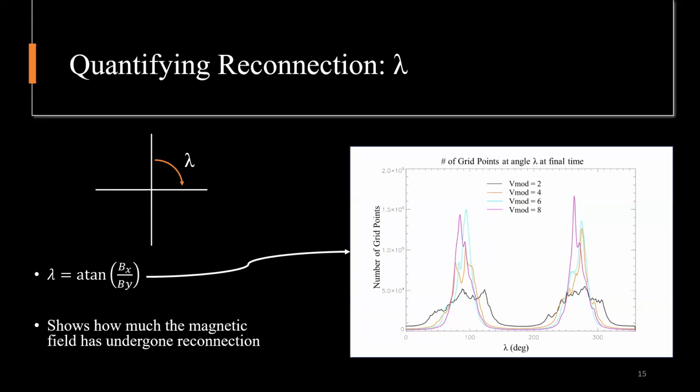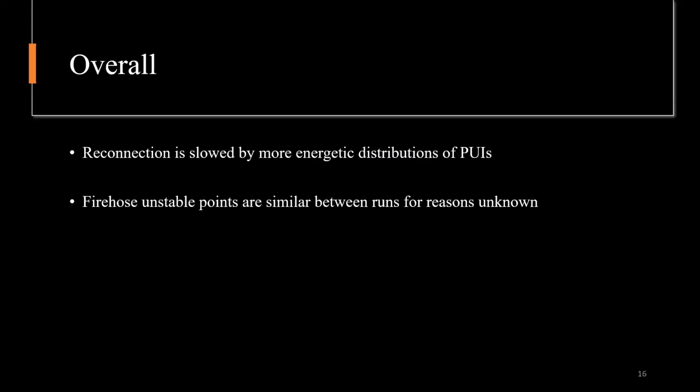Vmod 2 that we saw earlier had much more reconnection. You can visibly see that it's much flatter and starting to randomize more compared to the other more energetic distributions. So again, we do see that reconnection is slowed by more energetic pickup ions, but it's also interesting to see that the number of fire hose unstable points is very similar across the different runs.